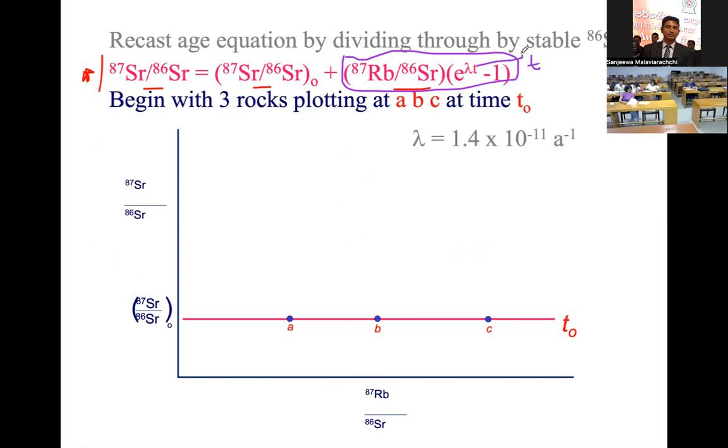This is the parent, which produces strontium-87. So this is the daughter, the produced daughter. So this is the total daughter nuclide amount in the present-day situation after elapsing T time period.